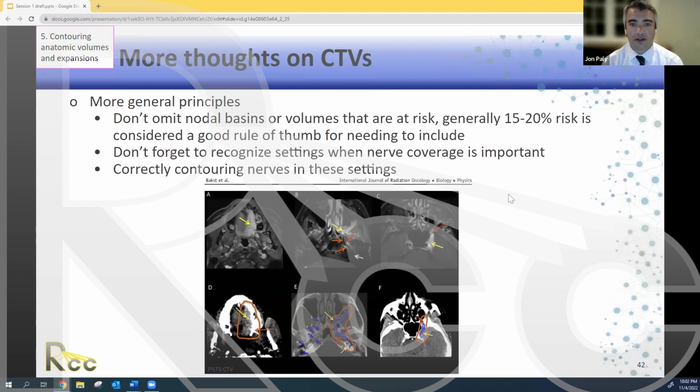And correctly contouring these nerves is important. This is a great paper in the Red Journal from 2019 from Basque et al. that goes over really in a cookbook-like fashion how to identify all of the nerves that you need to contour on head and neck when you're trying to cover those for involvement.